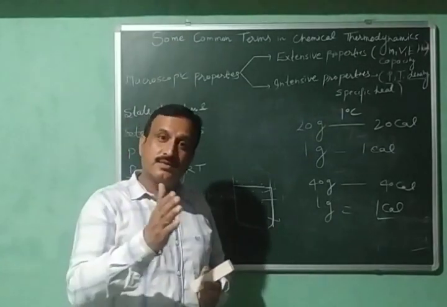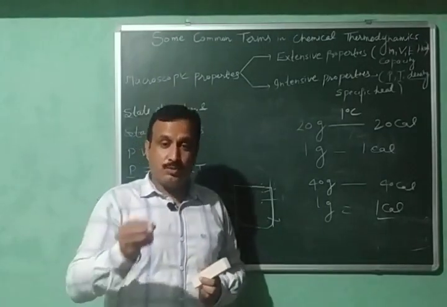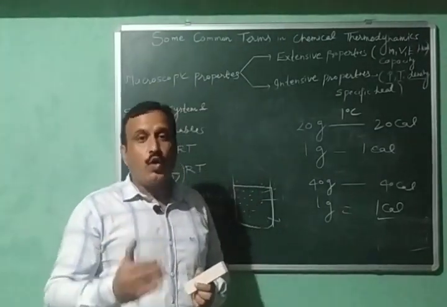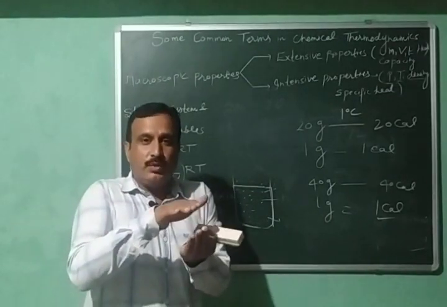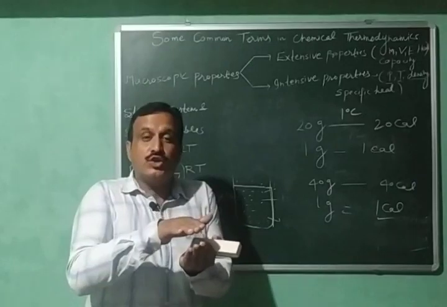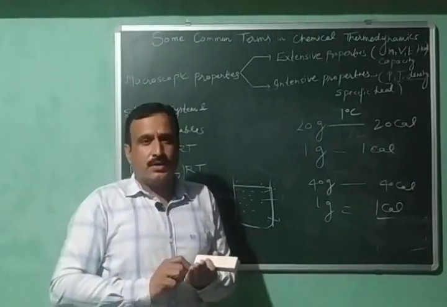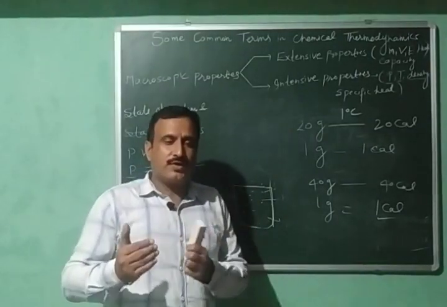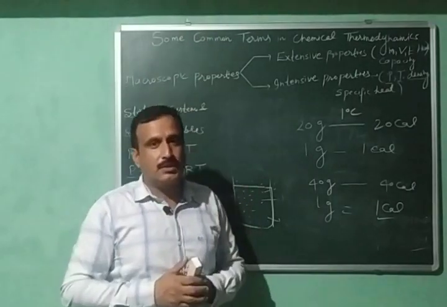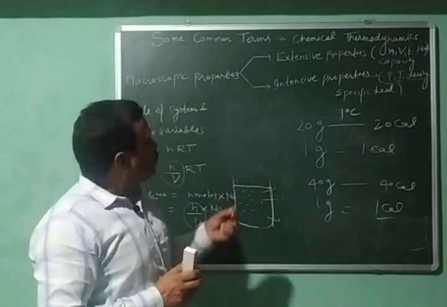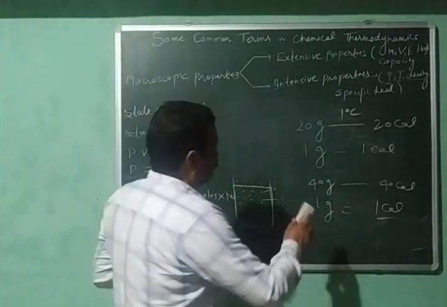So that's why it is an intensive property. And same is the case with viscosity, because viscosity is the force required to maintain a unit velocity difference between two layers of a liquid which are separated by a distance of 1 centimeter. I will discuss these terms, viscosity and surface tension, when they come in our syllabus. So this was all about these extensive and intensive properties.